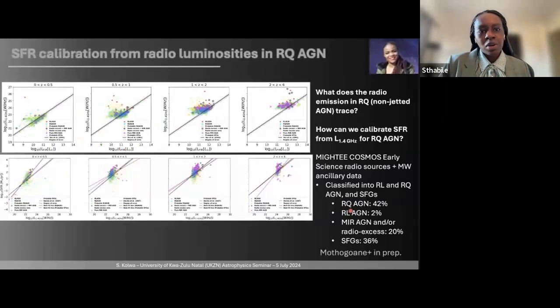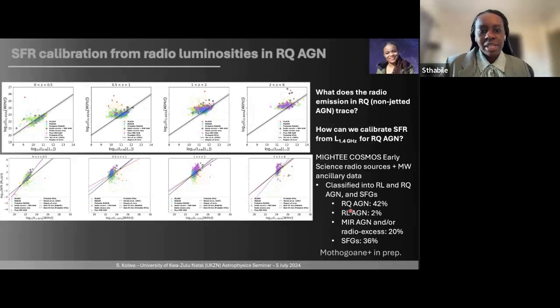And here we have some work from a student at the University of Johannesburg, who is studying particularly the radio quiet AGN population in the COSMOS field using MIGHTEE early science data. And the two questions Sandor is interested in asking is whether radio quiet AGN follow the far infrared radio correlation, and also how can we calibrate the star formation rates for radio quiet AGN.